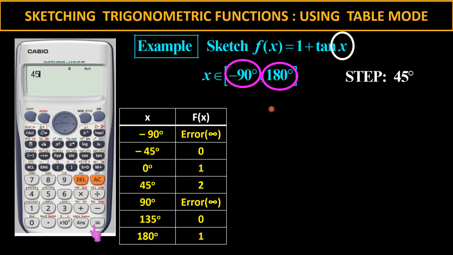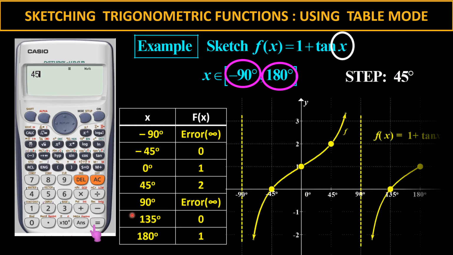Now you'll notice in the tangent that you get here undefined or infinity, and this is an indication that you'll have an asymptote there. So by negative 90 there's an asymptote. Let's scroll down. By 90 there's another asymptote, and you see also I have jumps of 45. So this will be how you will have the scale on your horizontal x-axis there.